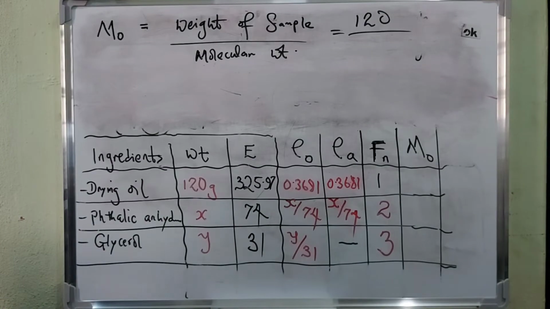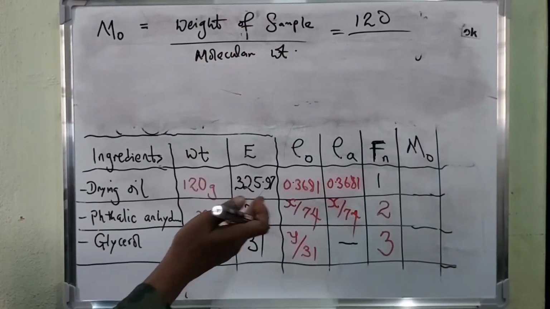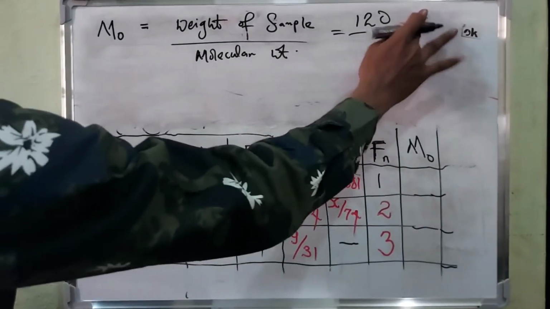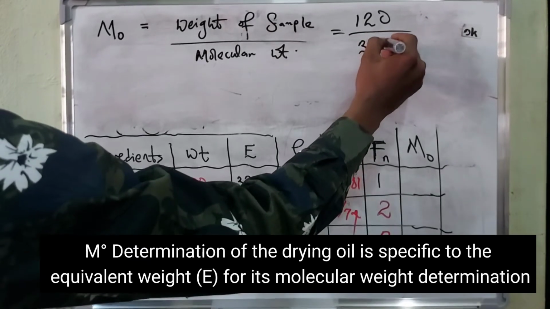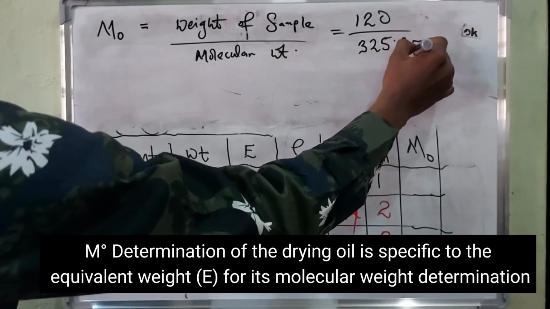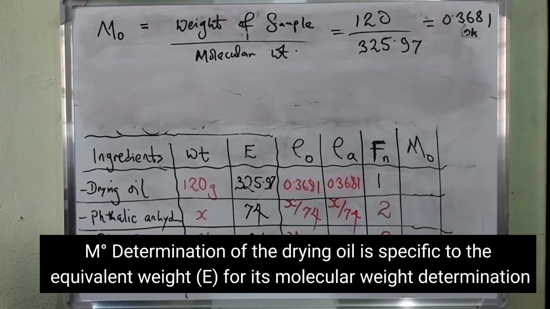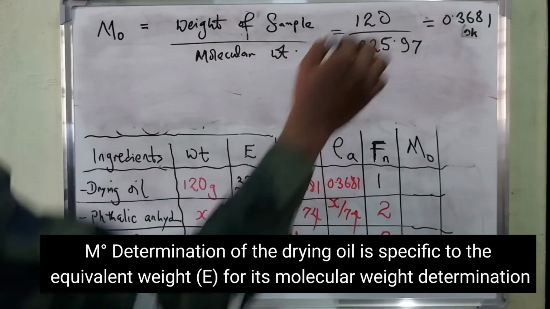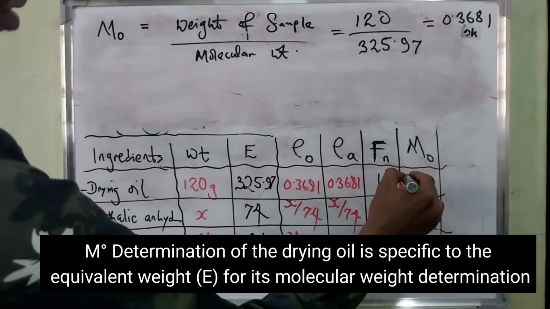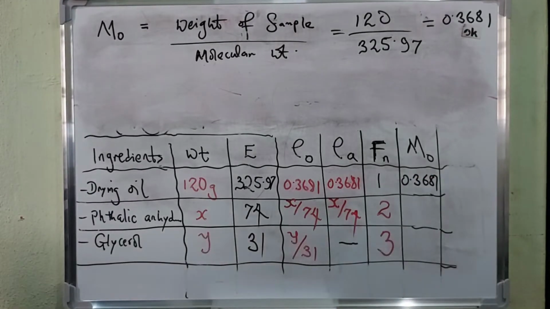So we have weight of sample 120 grams divided by molecular weight, which is this equivalent weight here, 325.97. So for the oil, I have 0.3681.